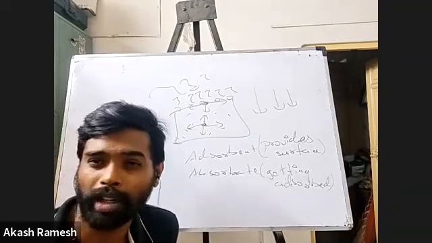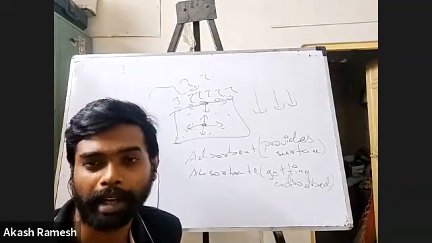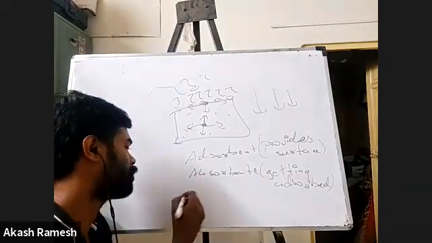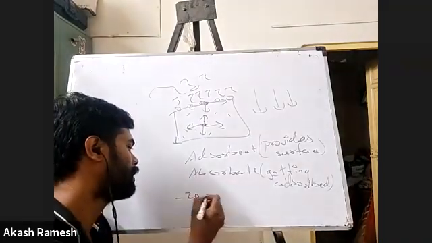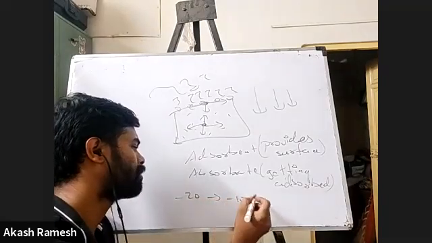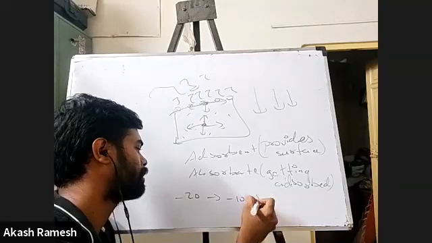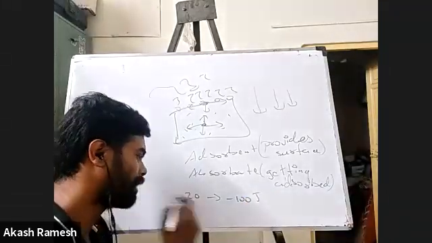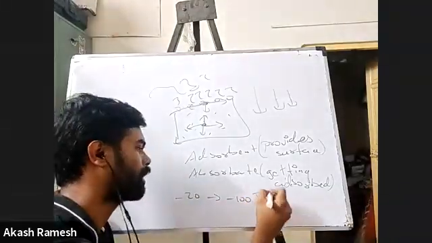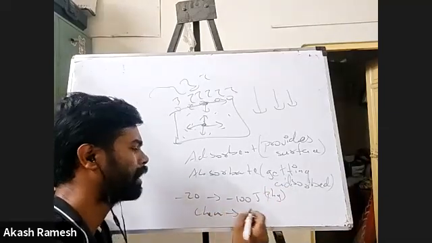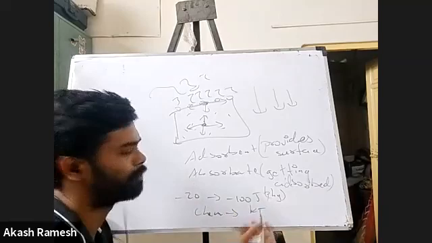For physical adsorption, it is not that strong of an interaction, so I think it will be around minus 20 to minus 100 joules. I'm not sure about the numbers. This is for physical adsorption, and for chemical adsorption, I think it will be in kilojoules, if I'm not wrong.